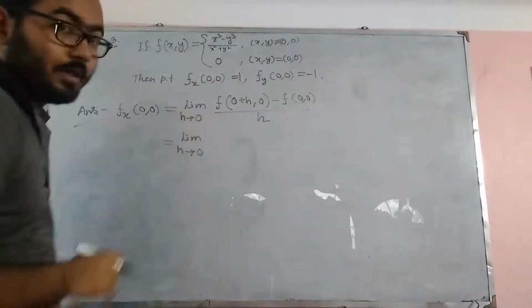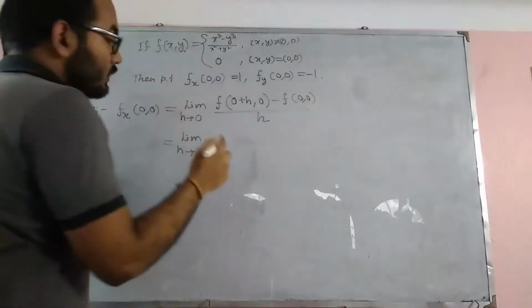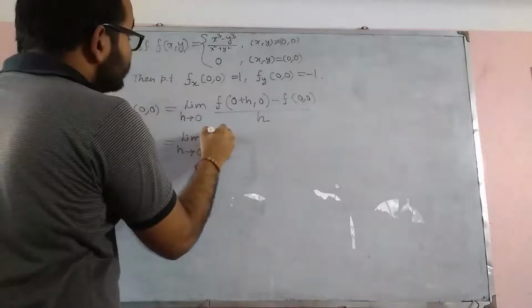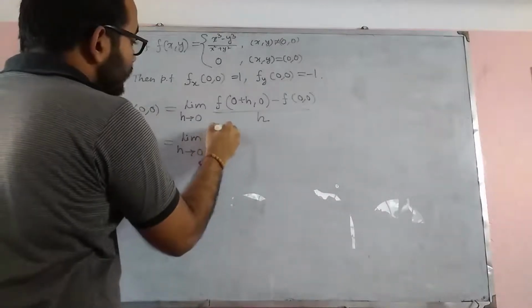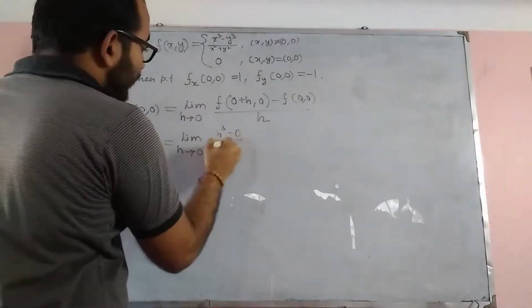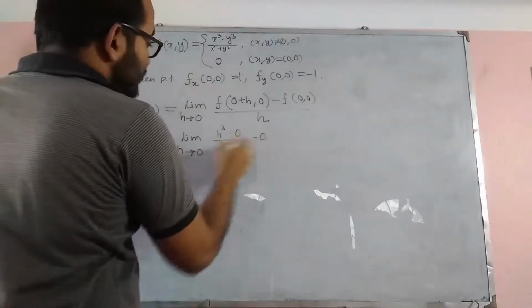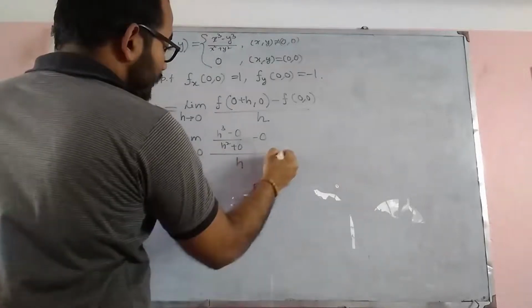Now I put h comma 0 in this expression. It becomes h cube minus 0 by h square plus 0, minus 0, by h.